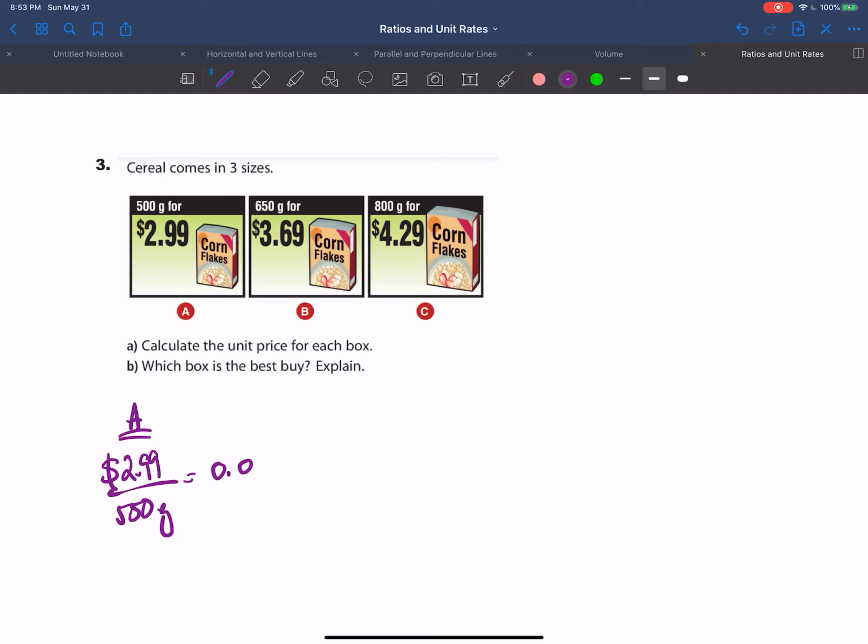I can still compare the number. So don't round, get a few decimal places because they're going to be pretty close in number. So 3.69 divided by 650. 0.00568.